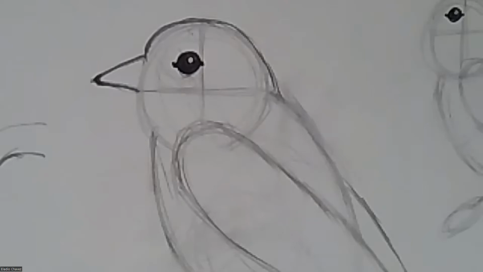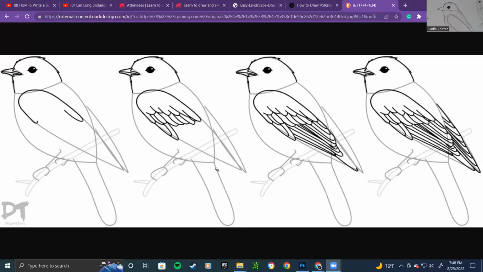Eladio, did we see the completed picture of this bird, or is it just a partial completion? I did show it. I can show it again. I put it in the chat. Let me see. Here it is. It's right there. Oh, but it's still not complete though. No. There's no tail, so we need to make it up.